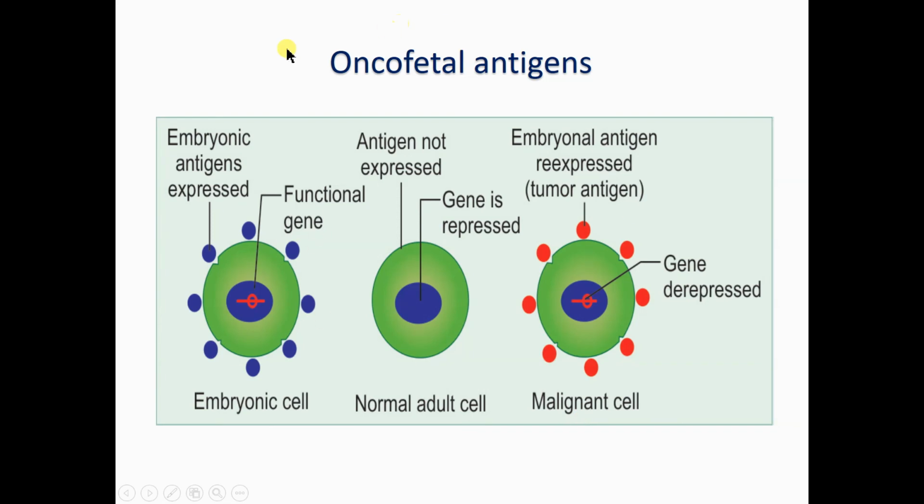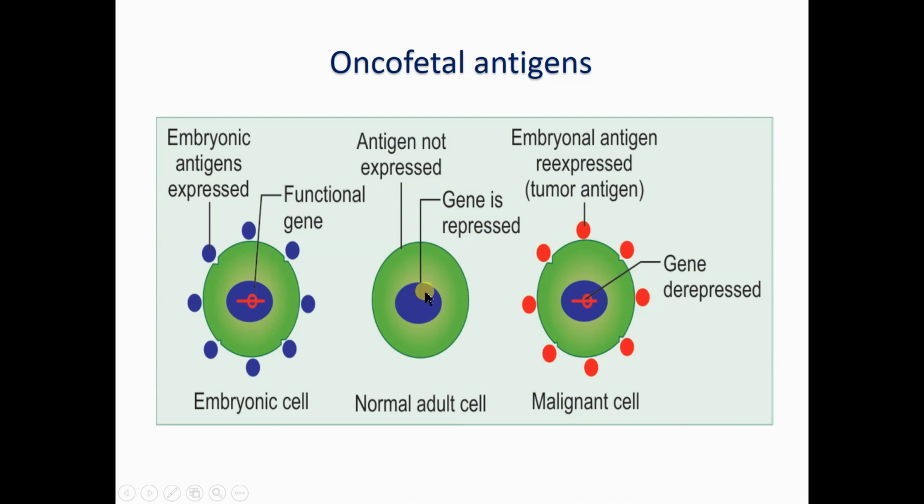This is the graphical presentation of these oncofetal antigens. Suppose this is the cell and this is the nucleus. In the embryonic cell, these genes are active, so they lead to the production of certain proteins. These are the embryonic antigens or oncofetal antigens. They are expressed during fetal life, and they are functional genes. But once born, in the normal adult cell these genes become repressed, so they do not lead to production of that product. So the antigens are not expressed in the normal adult cell.